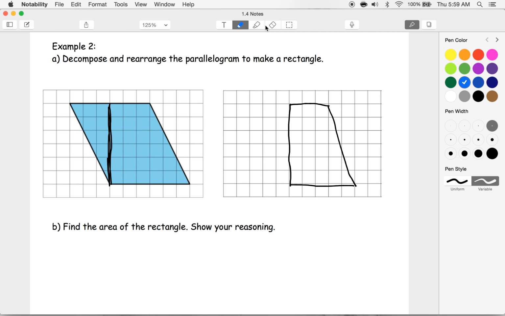So let's highlight this so you can see it a little bit. This is the original blue piece. And I said that we wanted to take this triangle and move it here. So I'm going to move it up like this. Oh, wrong color.